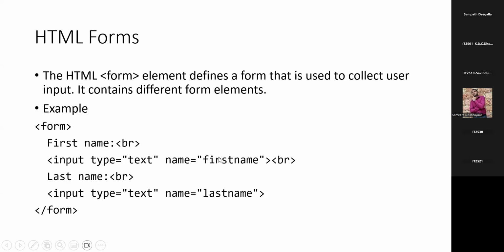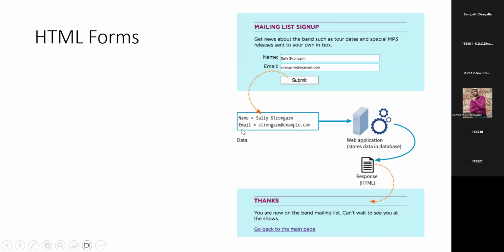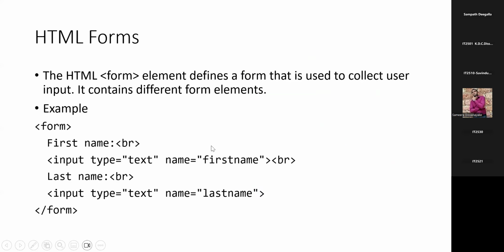Here we have to provide the name for this one as well. This is very, very important. When you send the data back, the server will recognize it with this label. So whatever text is entered is labeled as first name. Whatever the person provides as the text for this one is named as last name. So you might have noticed here name and email, which is the label that we provide here.